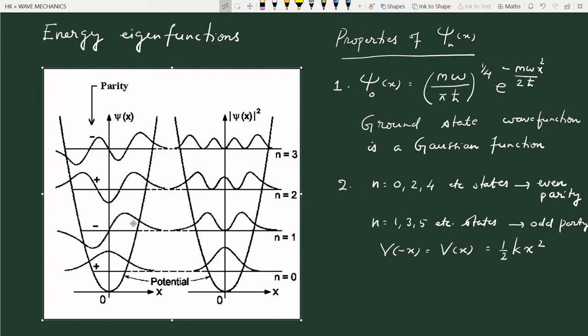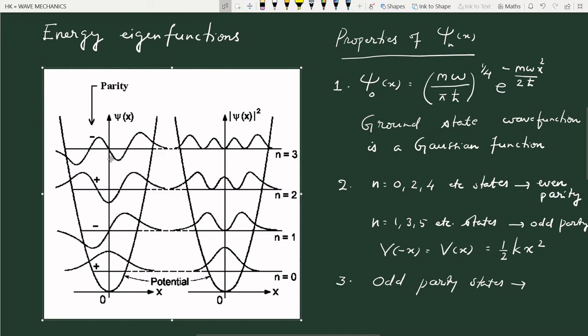Then other properties we can discuss, again, you remember how we discussed it in the case of particle in an infinite potential well. For odd parity states, that is n equal to 1, 3, 5, etc., there is a node at the mean position. Look at the figure. You have two odd parity states here, n equal to 1 state and n equal to 3 state.